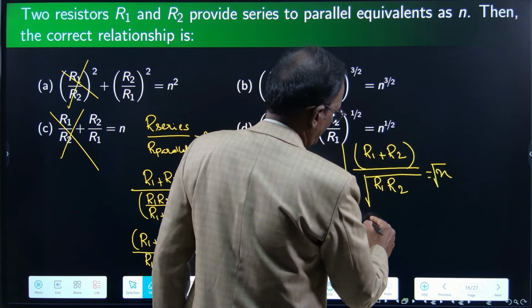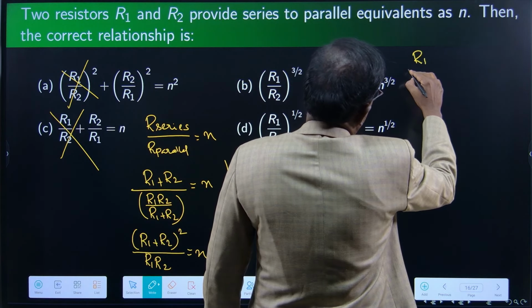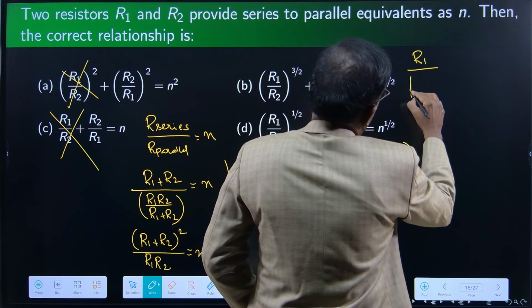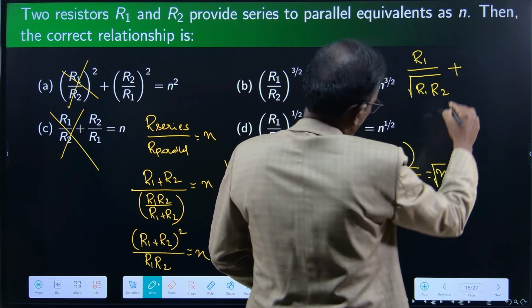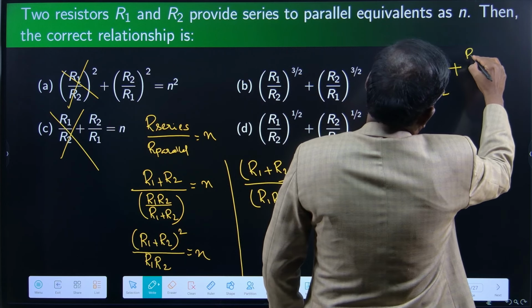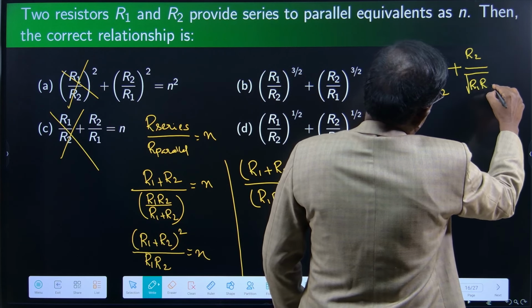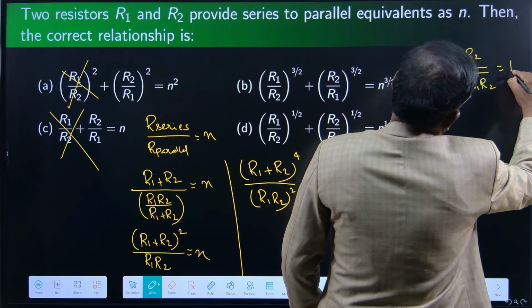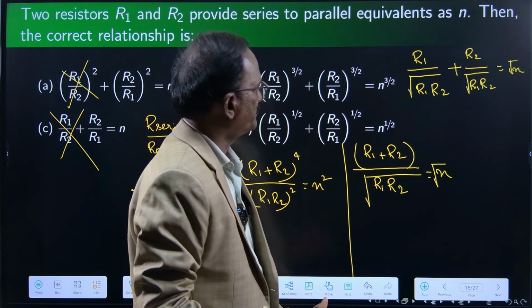R1 plus R2, first let us split them. R1 divided by square root of R1 R2 plus R2 divided by square root of R1 R2. This is root N. I am splitting it as two terms.